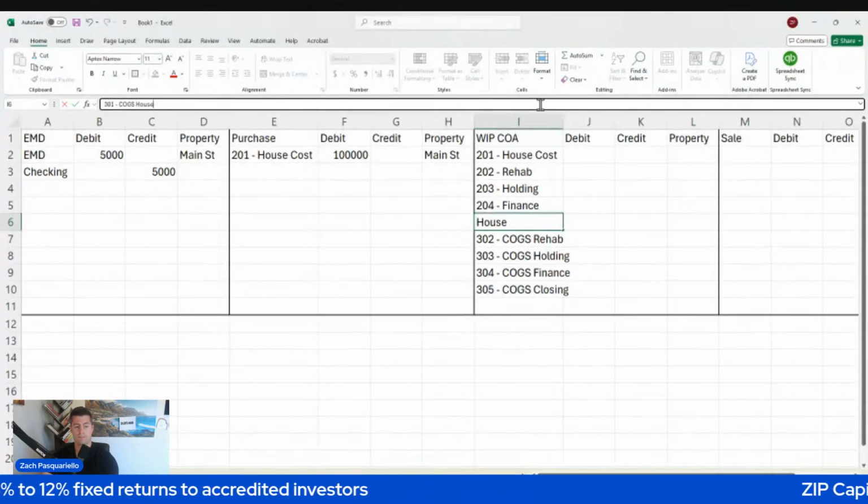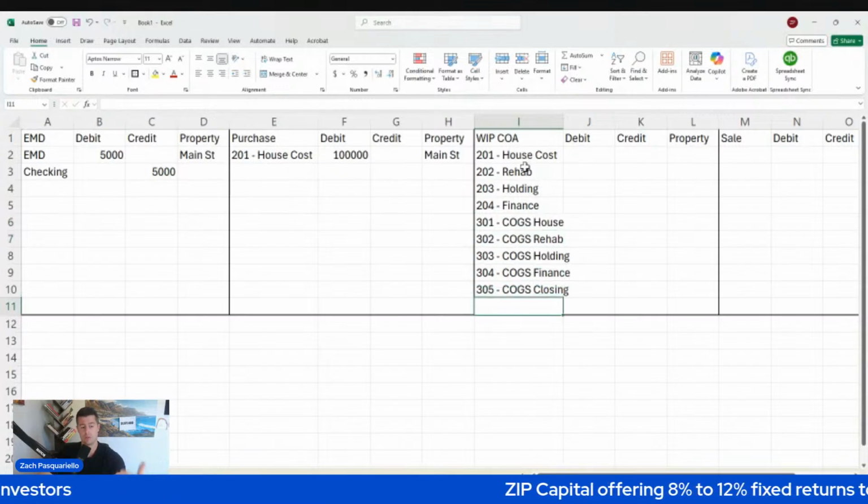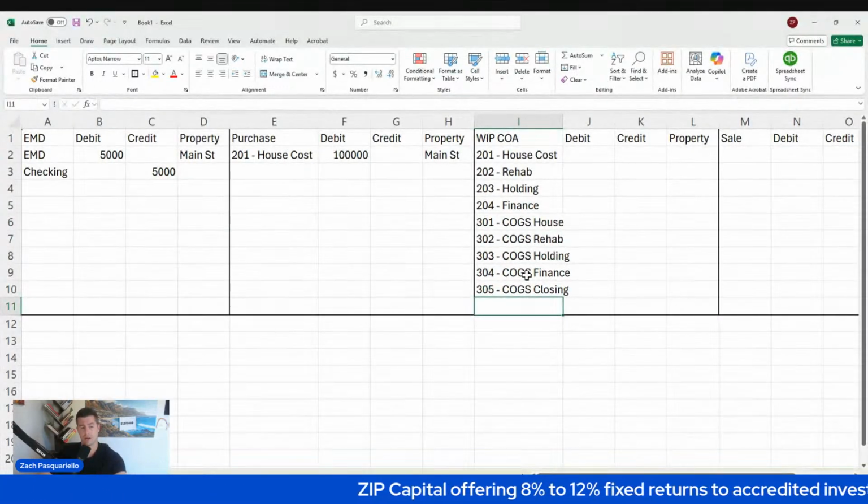Okay. Here's the main chart of accounts that we're going to use: 201, 202, 203, 204, and then all the COGS.